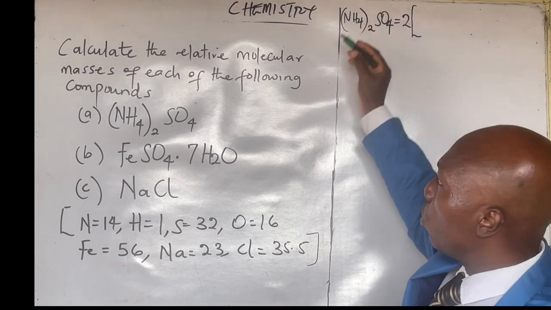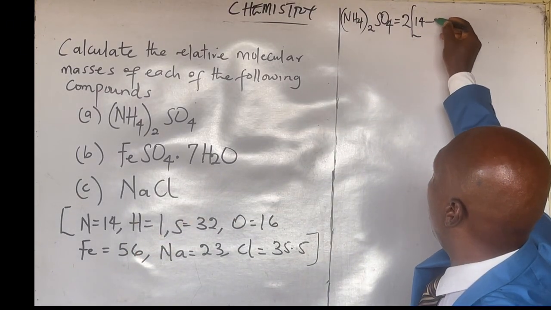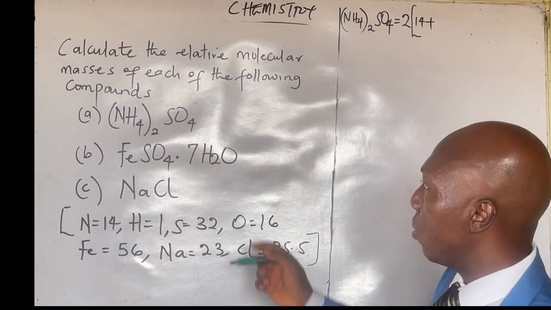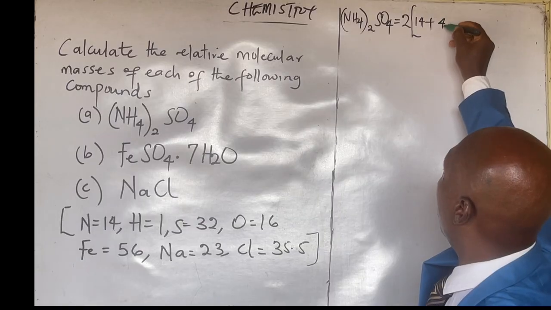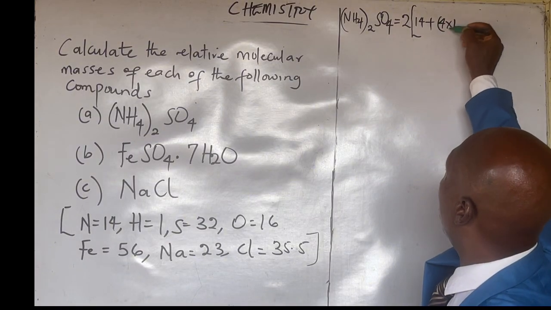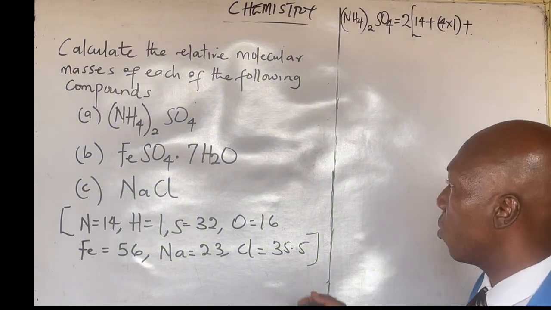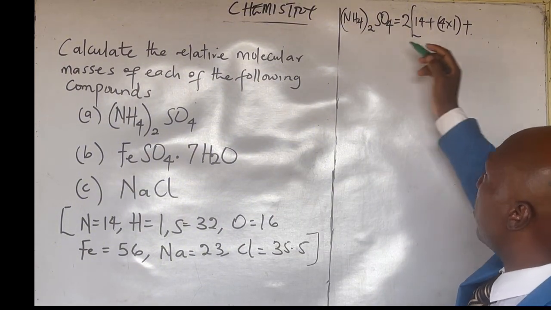Nitrogen is giving us 14, plus hydrogen is having 4 atoms, that means 4 times 1, plus sulfur, sulfur is 32. So that is the end of ammonium.